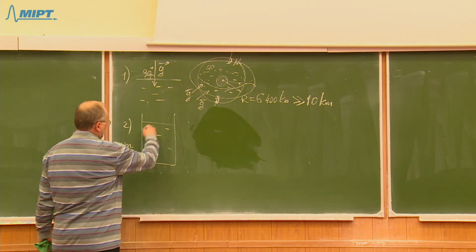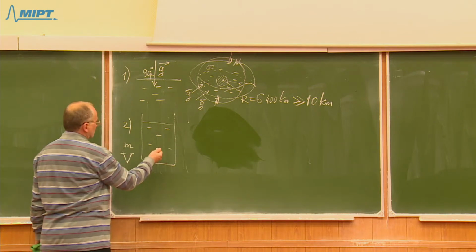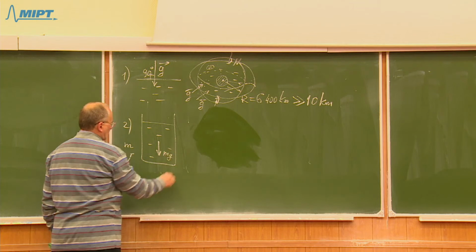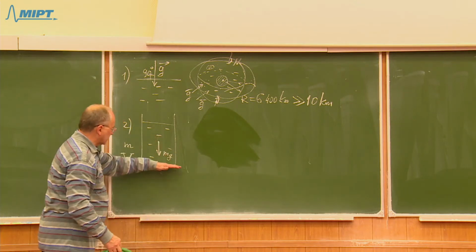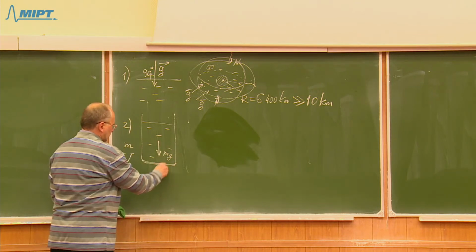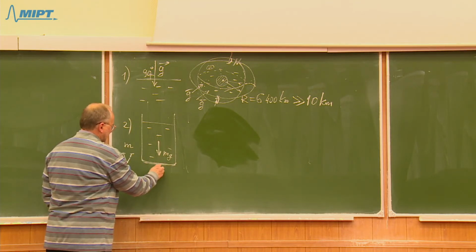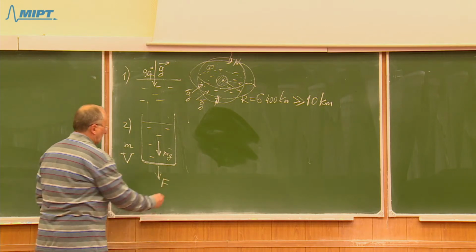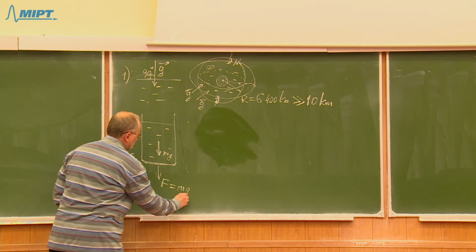And so the total weight of this liquid will somehow act on the bottom of this vessel. So this force of weight will act on the bottom, and this is mg.